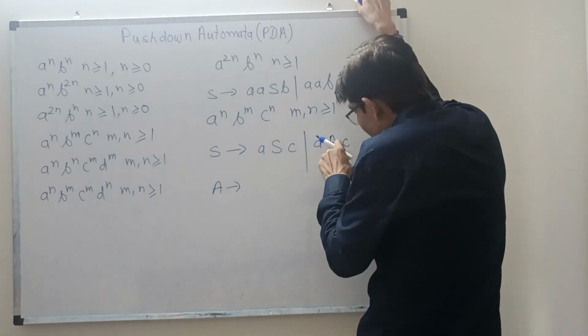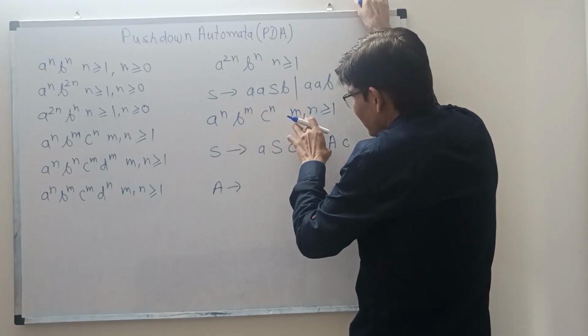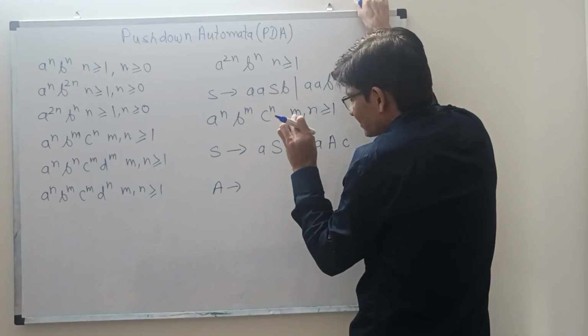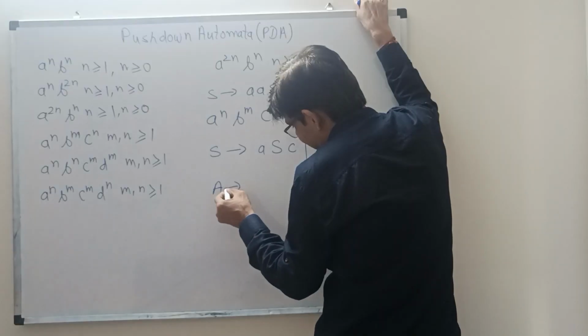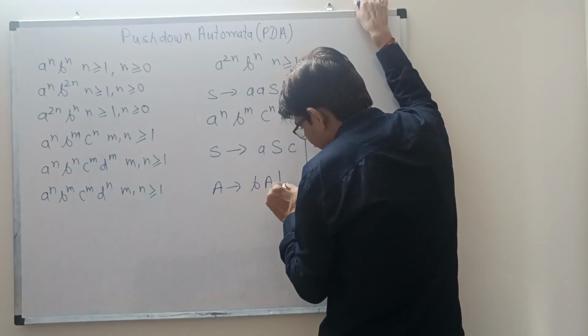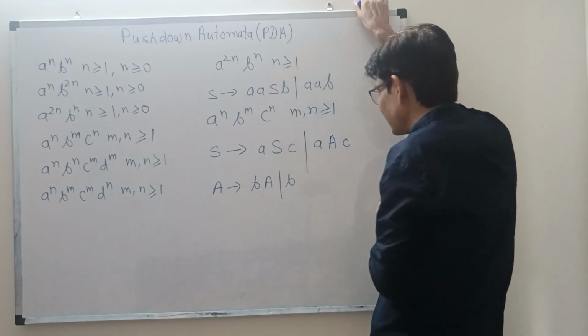Now, on b, we are not having any condition. The only condition is that at least one occurrence of b must be there. So what we can do is create any number of b from this production and simply replace this A with b.